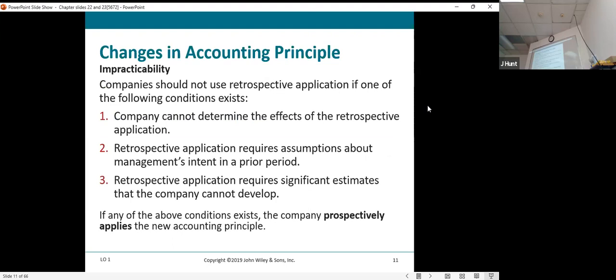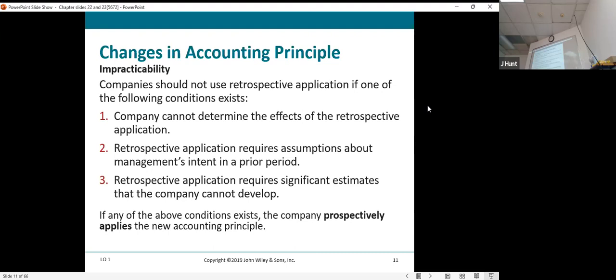So sometimes it is not practical for the company to go back because they cannot determine the impact of the change, right? Sometimes, to go back, your systems were manual and now it's automated, and to go into a file and look for that transaction and all the things, that just doesn't make sense.